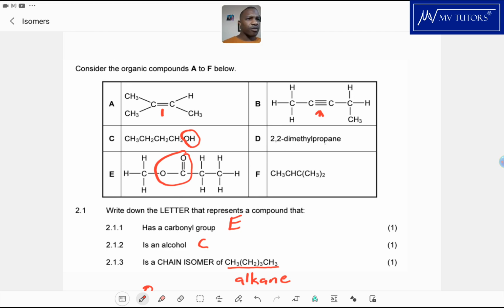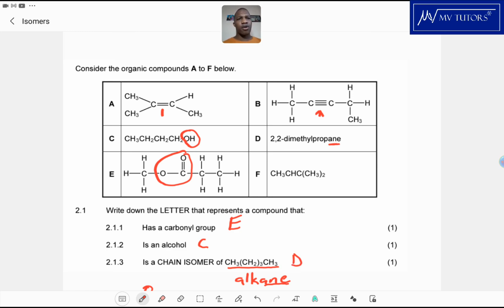D, we look at the last suffix. Okay, the suffix of an alkane is ane, just from the word alkane. So because this one, D, has an ane in there, that makes it our final answer.